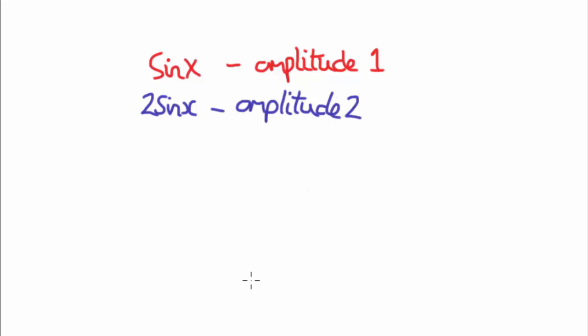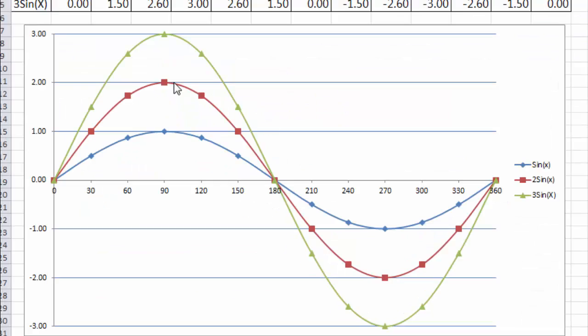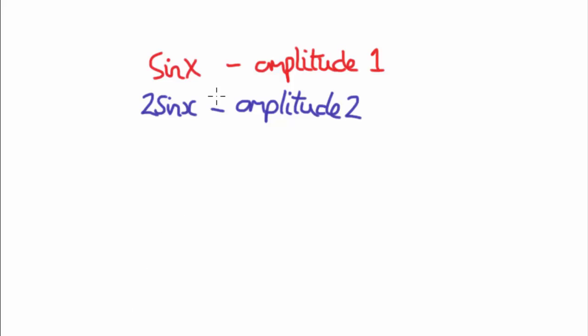You probably see the wee theme. And then we've got 3 sine x. So if we look at 3 sine x, amplitude is 3. Okay, from 0 to 3 and 0 to -3. Right. So we go 3 sine x, that's your amplitude is 3.